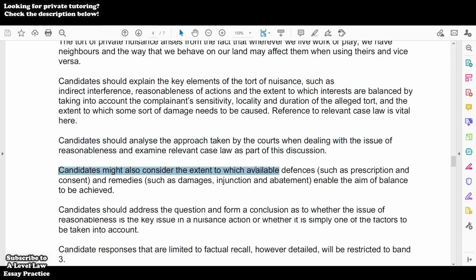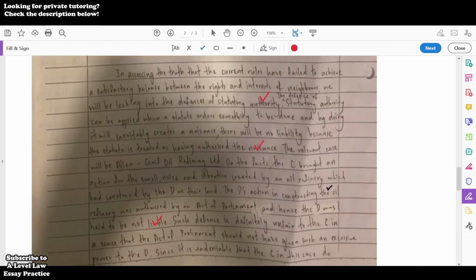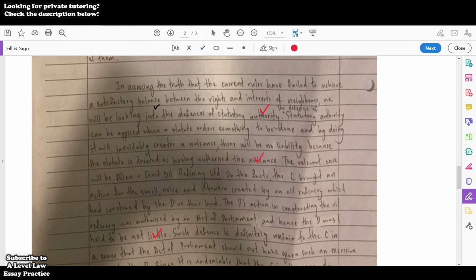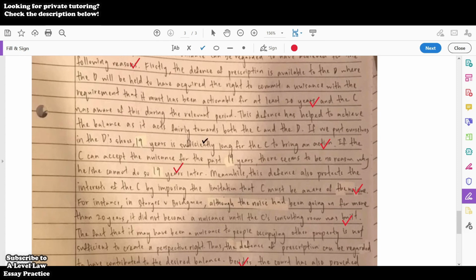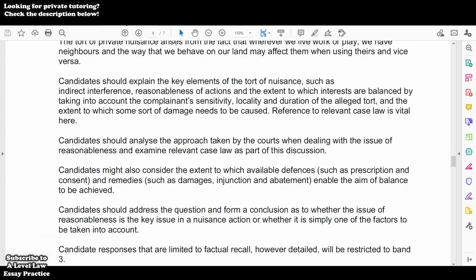Candidates might also consider the extent to which available defenses such as prescription and consent, and remedies such as damages, injunction, and abatement, enable the aim of balance to be achieved. Yes, very good as well. From this paragraph onwards is basically the evaluative component, which consists of discussing the defenses, and the student also mentioned remedies, in relation to the defense of prescription, which is good.